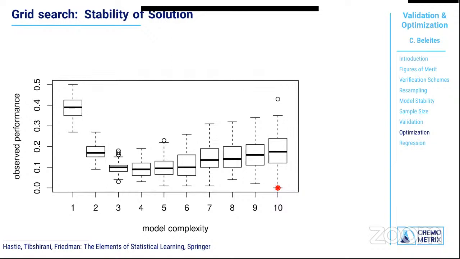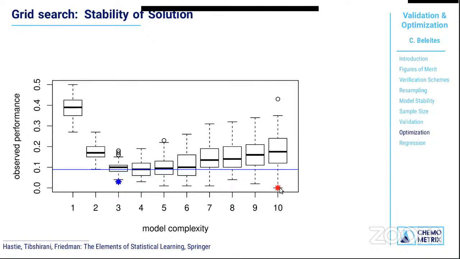Here's a bit closer look at what we have. So I put box plots of the different runs of the simulation I did. And consider one run that had its optimum here at model complexity 10, which is far too much because it should be 4. Now, one way that is proposed in The Elements of Statistical Learning of penalizing instability is that you can say, okay, we look here, the optimum appears to be here.